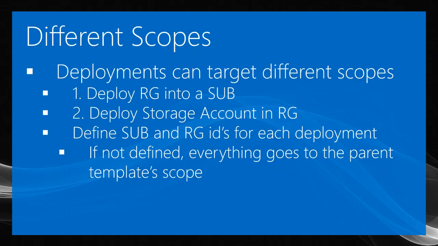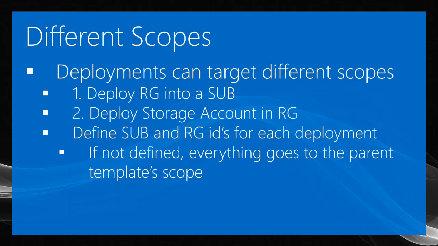And then right afterwards, you could deploy a storage account or any other resource inside this resource group. This is something that is not possible if you go for the traditional approach, because then you only have one scope. But here we actually need two scopes for the two different deployments. So this gives you additional flexibility, but of course, it also makes it a little bit more complex.